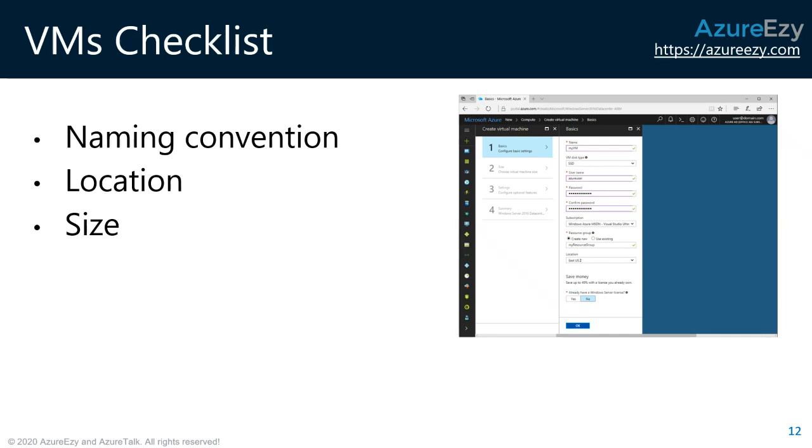Suppose your application is okay with 4 CPU and 2 GB RAM, or maybe 4 GB RAM, but just to be on the safer side, you create a virtual machine with 16 CPU and 32 GB RAM. Now you are paying more to Azure for something you are never going to use. So those considerations must be taken care of when you are talking about size.